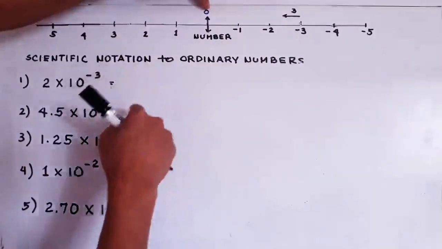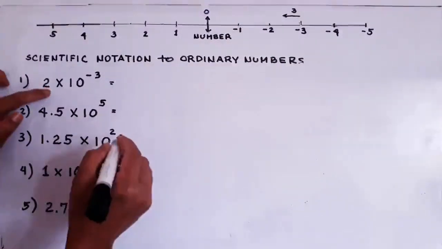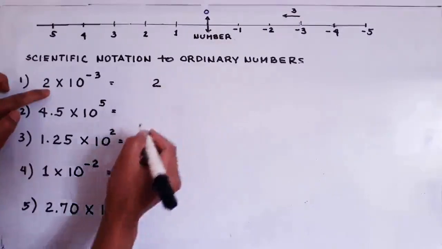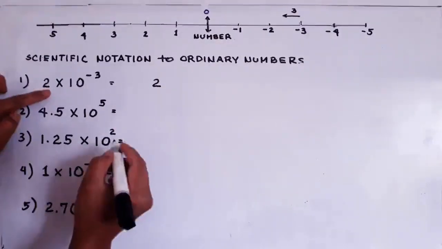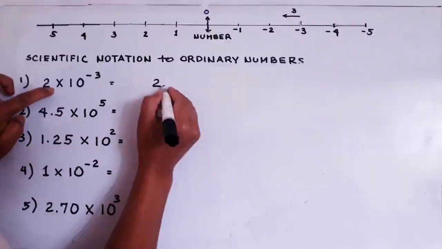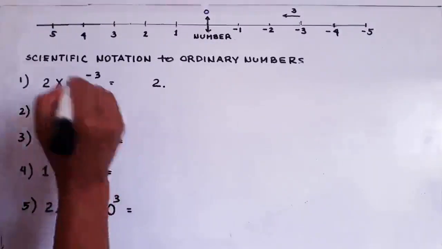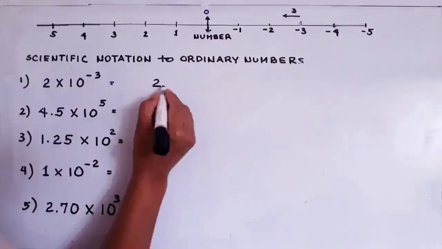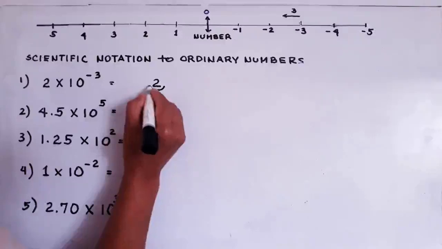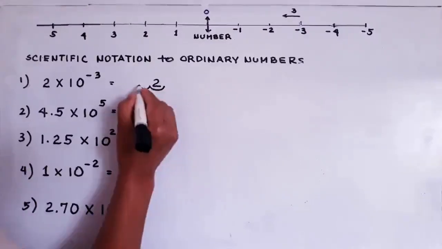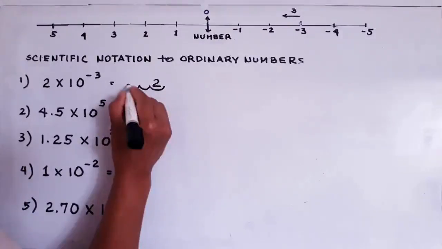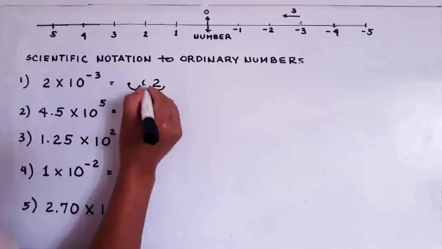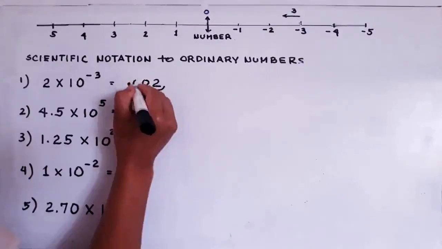So we are going to move the decimal point of this number to the left, 3 to the left. Here, let's have that one as 2, right? Where is the decimal point of this one? Here, right? So we will move 3 to the left. So here 1 and 2 and 3. That's negative 3. Then put the decimal point here and add 0s here.